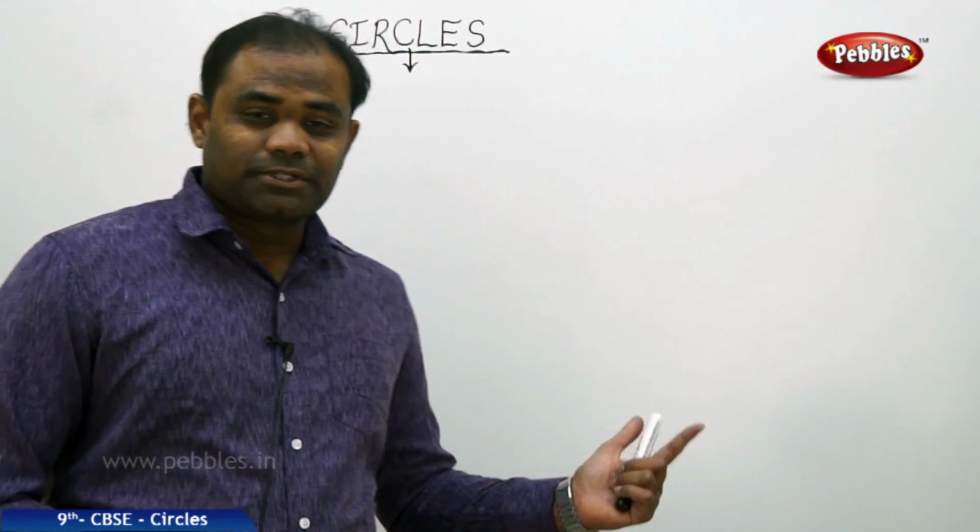Now that we have connected diameter with the radius, with diameter being equal to twice the radius of the circle, now comes the concept of understanding the arc of the circle. Today's session is about the arc of a circle.